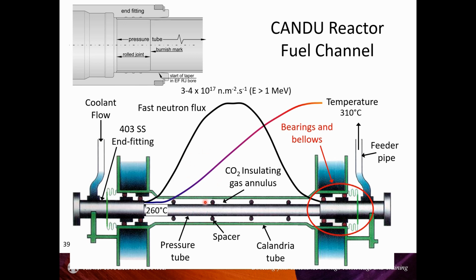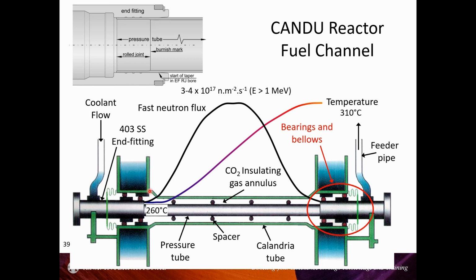The way to preserve your heat in the fuel channel so it can get to the heat exchangers and generate your power is that you have these spaces here and they maintain an insulating gas gap. And the way to do that is to have an annular coaxial tube, which is called the calandria tube, and that's attached to the structure here at the end.